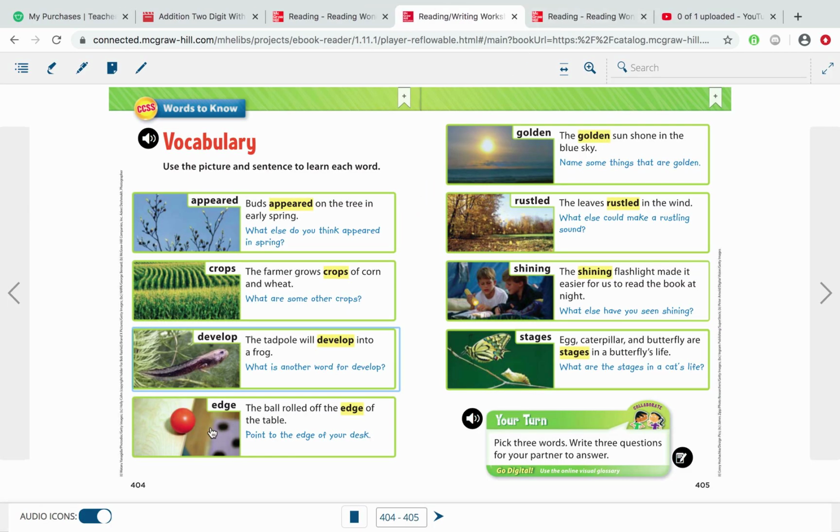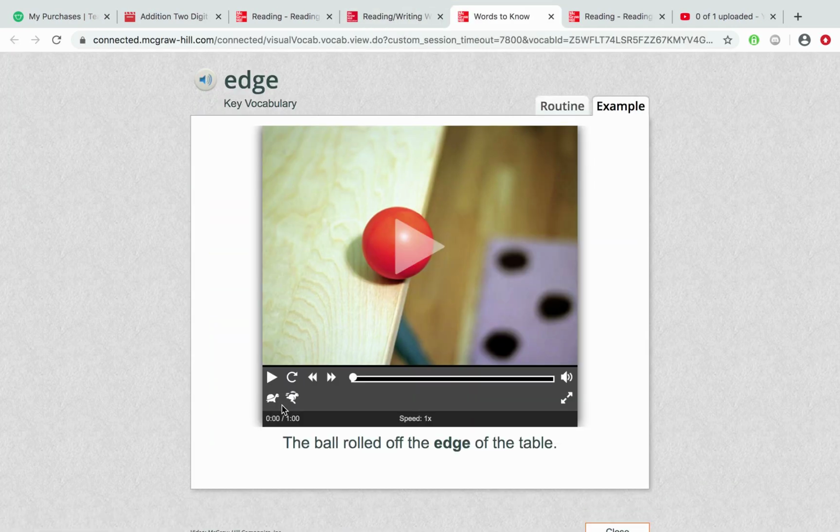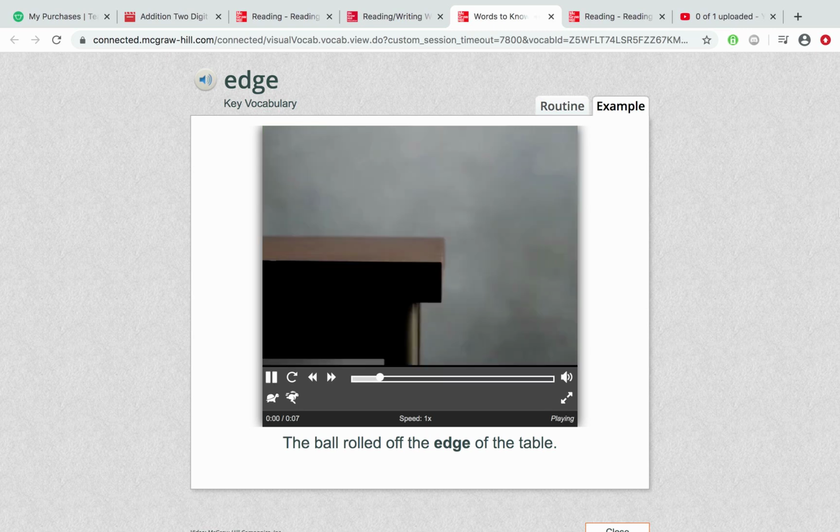The fourth word is edge, and we've talked about this actually in math class. Here is the word edge used in a sentence. The ball rolls off the edge of the table. If I remember correctly, we watched a video when we first learned about edge, and the gentleman who helped us learn about it put something on the edge of the table, just like that. The ball rolled off the edge of the table. Take a look. Edge.